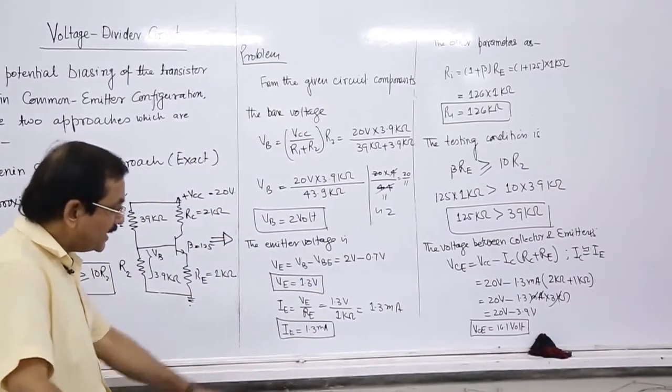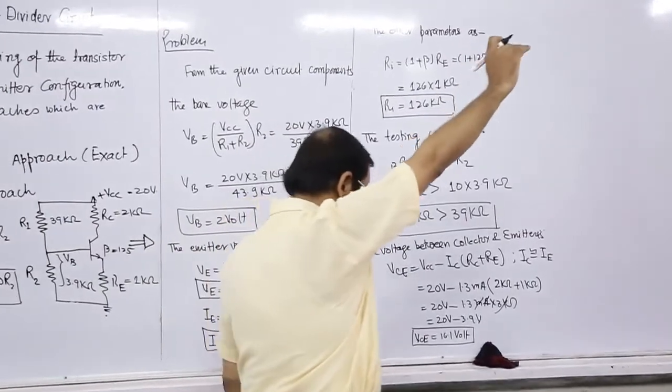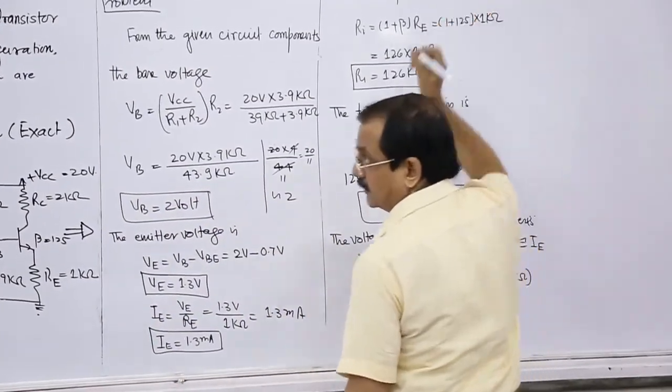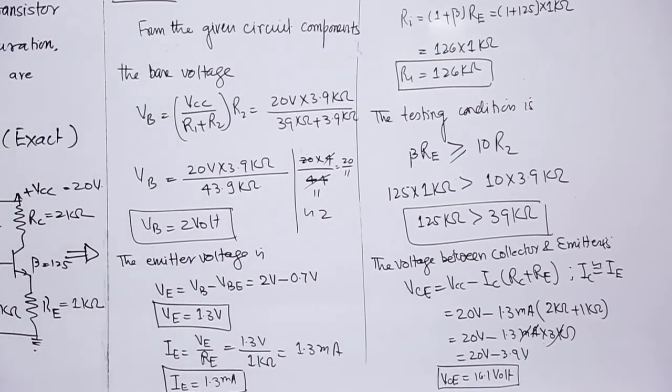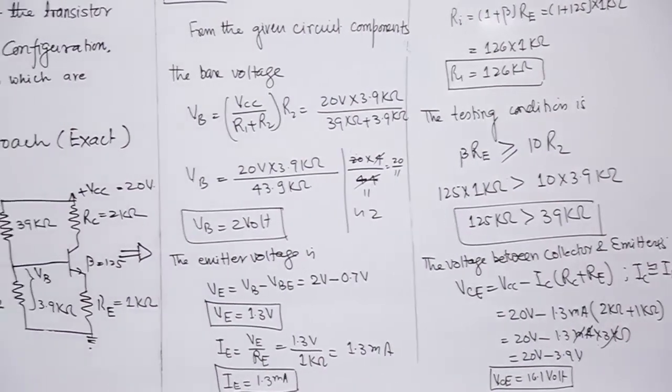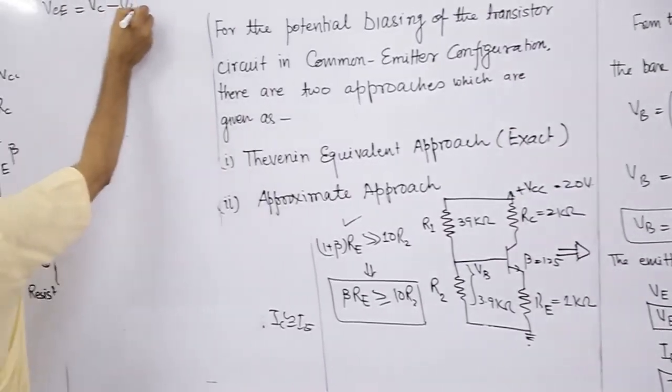So, we can have this value, VCE is equal to VC minus VE.